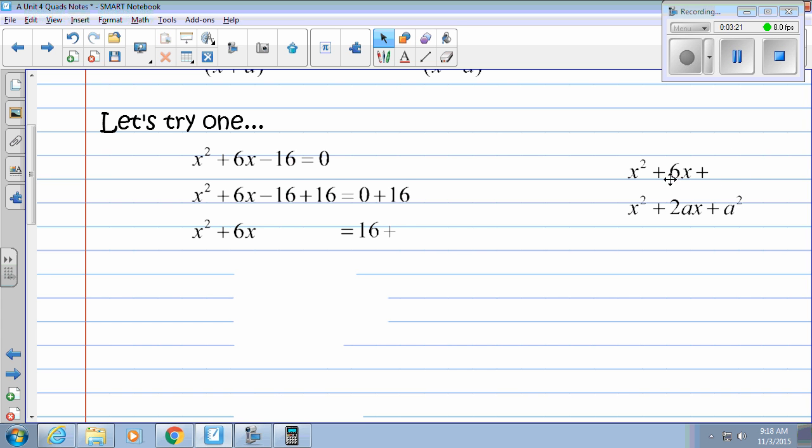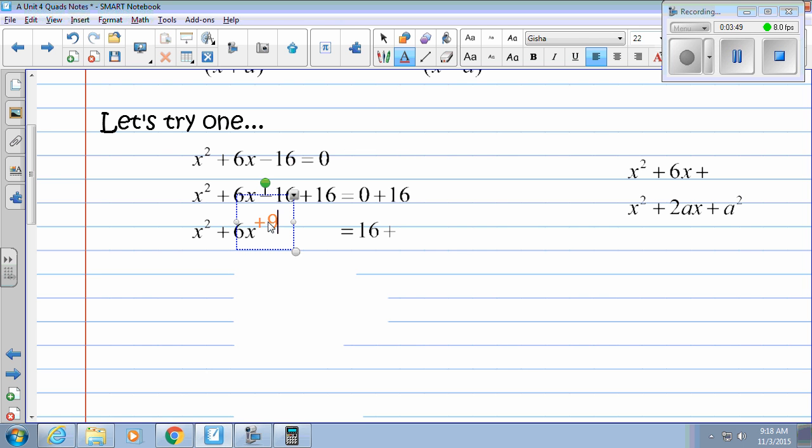Well, we're going to work backwards from our formula for a perfect square trinomial. This middle term has to be 2 times the square root of the first and the last term. So the x is already there. So 6 has to be equal to 2a. So if I take 6 and I cut it in half, I get 3. So this last term has to be 3 squared, or 9.